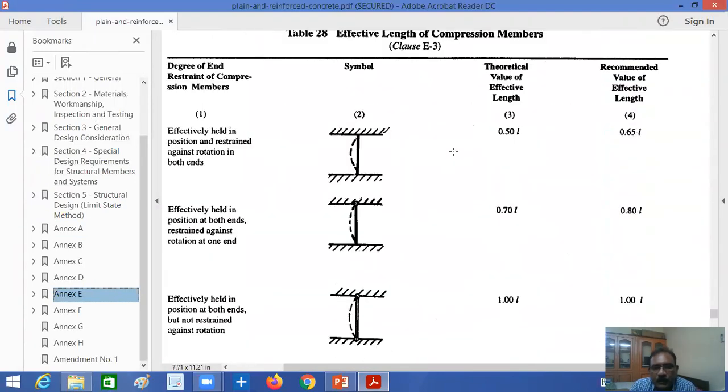If you observe this table, if effectively held in position and restrained against rotation, that is, fixed at both ends, the theoretical value is 0.65 L. So here you have to calculate the same way.